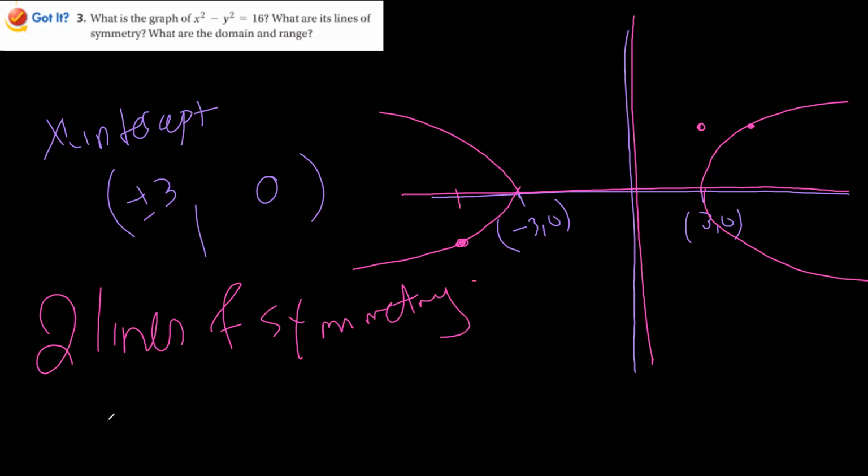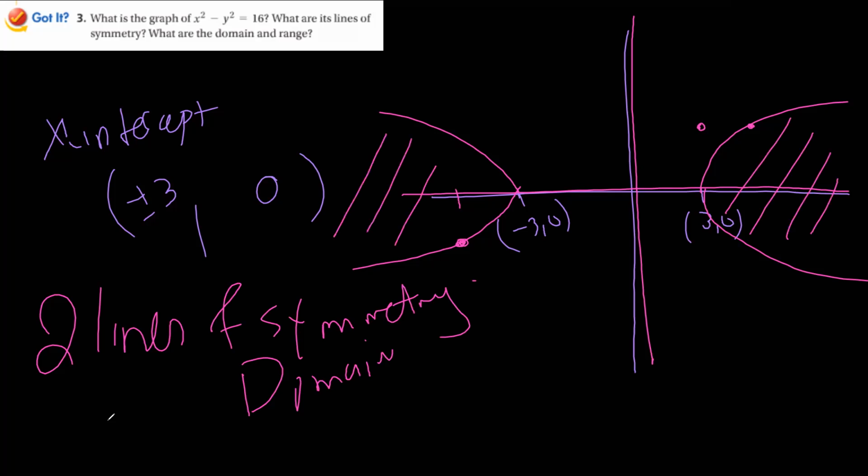Now, what is the domain? The domain, I'm talking about the x values. It's from negative infinity to infinity, excluding the middle. Look, here we have my domain. I will say it starts from 3, and this 3 is included, until infinity.